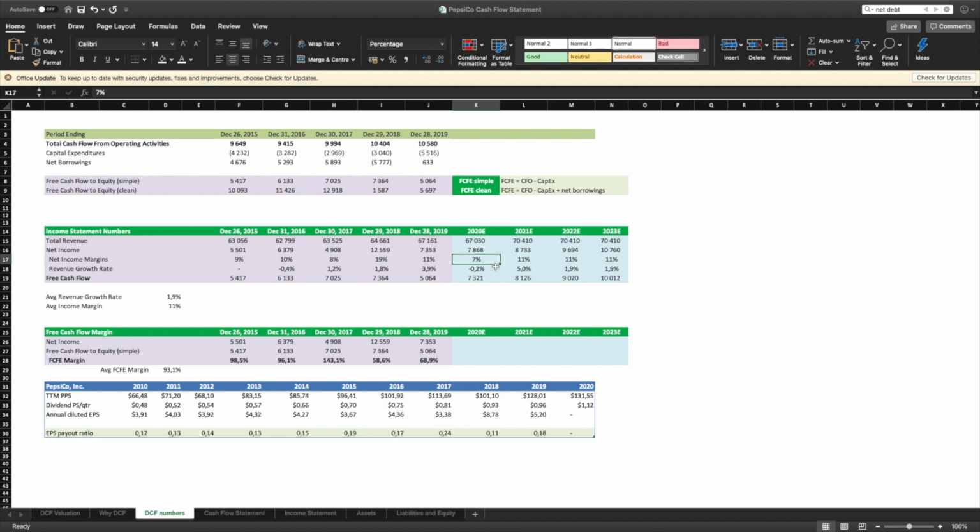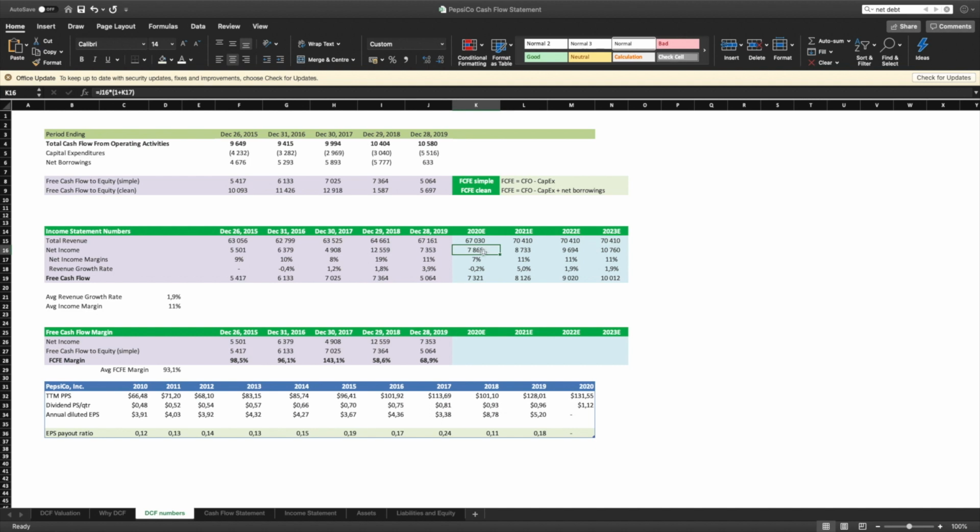All right, if we just continue, now we almost have all of what we need. The final thing is that we're going to arrive back, as I said, at the free cash flow to equity margin, because right here, as you can see, the only thing that we've done is multiply the average free cash flow to equity margin by the net income, which we now have.